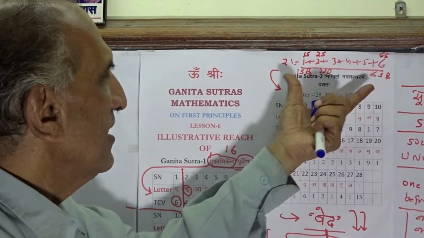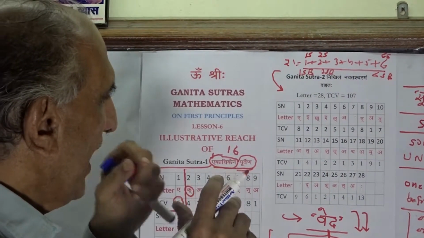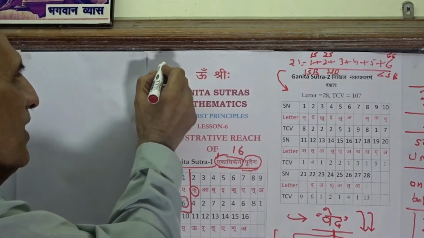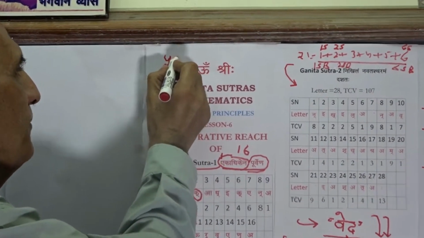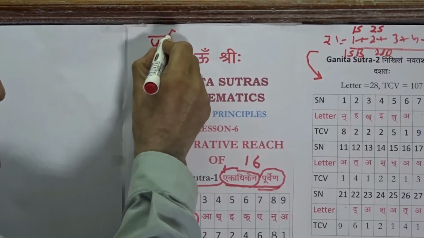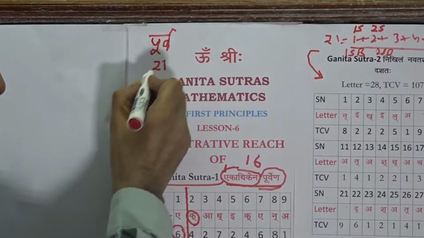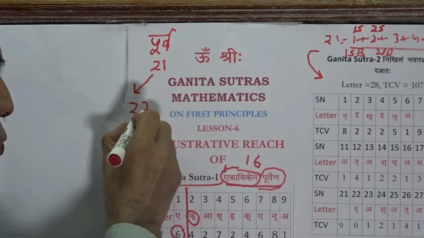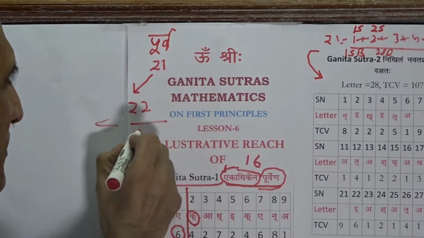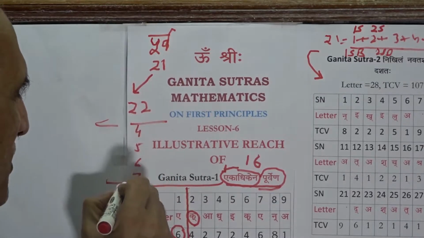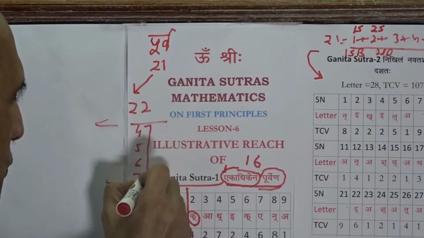Therefore, we have to see that when we say one more Ekadhiken Purv, means when it is 21 and one more than 21 will give us 22, and see this will be value 4, 5, 6 and 7. This addition value 22.